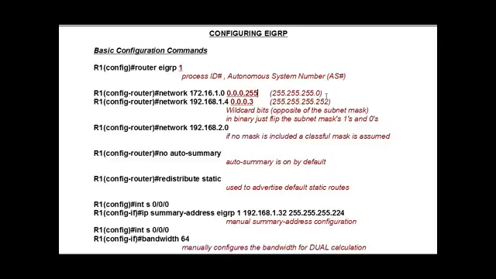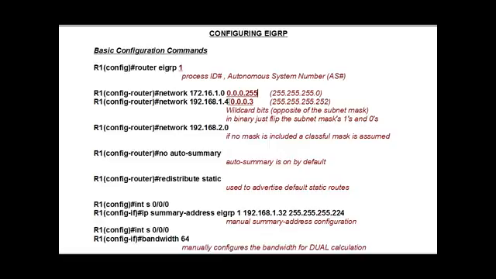Wildcard bits are the opposite of a subnet mask. So if my subnet mask was 255.255.255.0, the wildcard bits would be 0.0.0.255. And how do you get that? Well, you just flip the ones and zeros. If you just change all the ones to zeros and all the zeros to ones, you'll get these. So here you can see I've got one for a 24-bit subnet mask. I've got basically 24-bit wildcard bits.